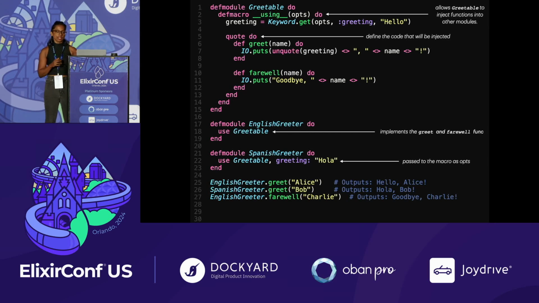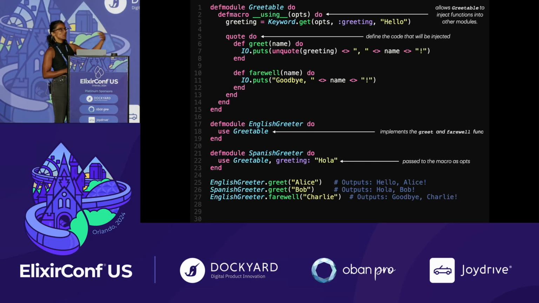By using it, they're basically importing those functions defined in that module. And the functions that are defined in the quote do, you'll see quote do has a def greet and a def farewell. Those are functions which will get injected into any module that uses that particular macro. I hope that makes sense.